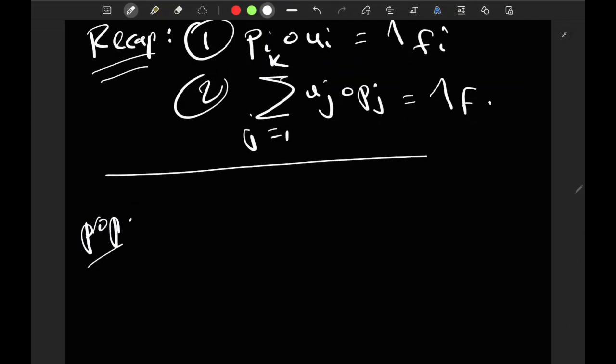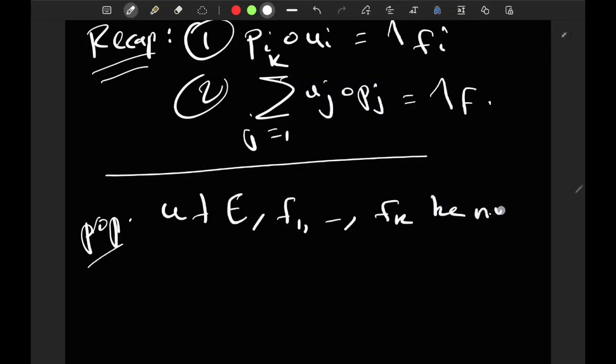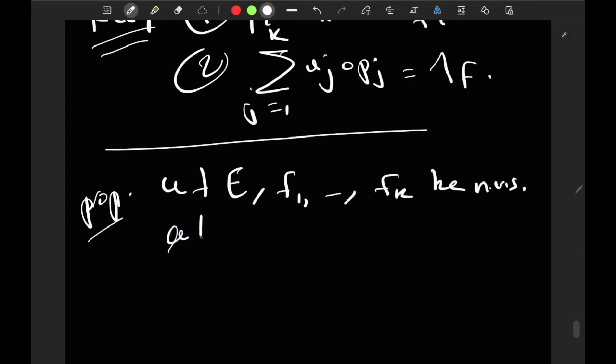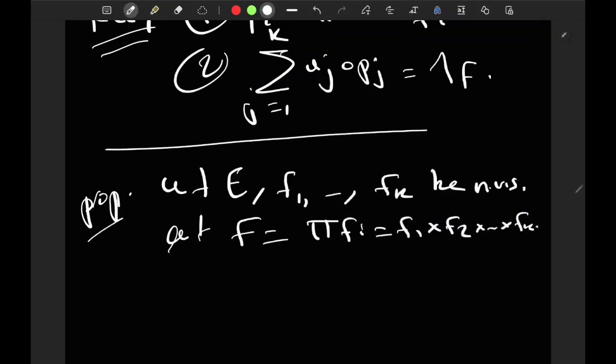So, proposition. Let E, F1 up to Fk be normed vector spaces. Let F be the product of the F_i's, so F1 cross F2 up to Fk.